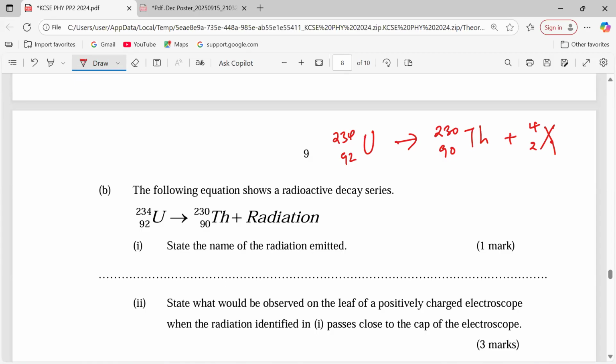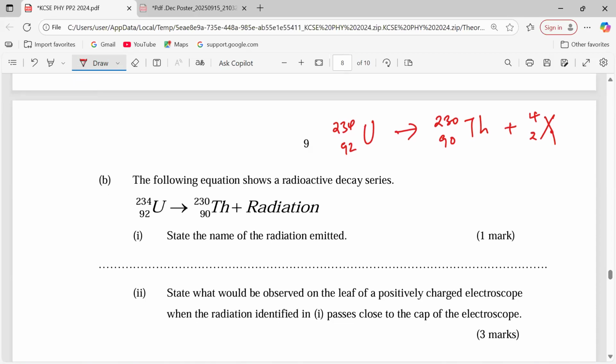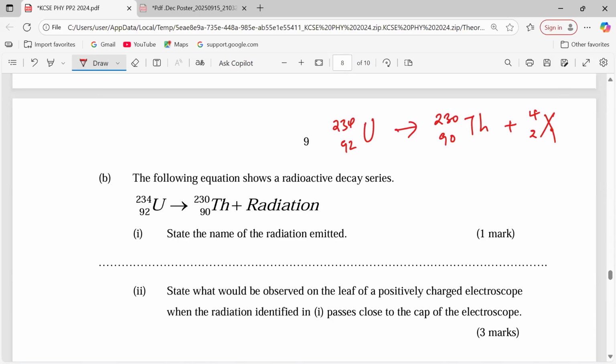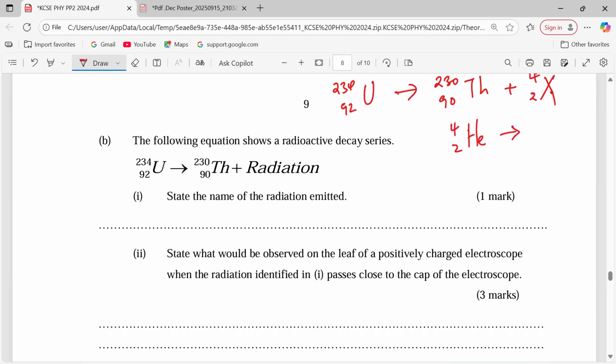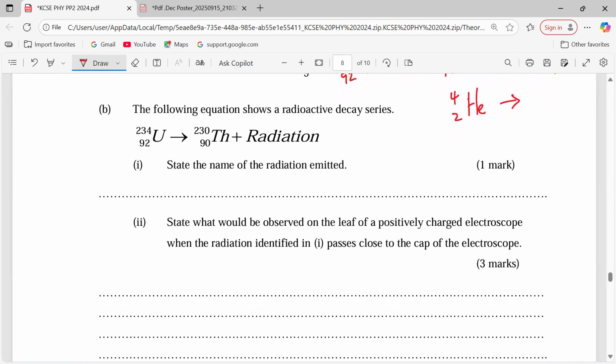In other words, the radiation, which has a mass number of 4 and an atomic number of 2, is a helium particle, helium 4, 2, and this is what we call alpha decay. So it's alpha decay. Very simple.